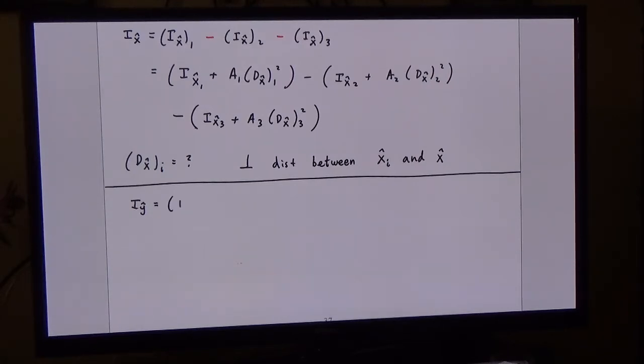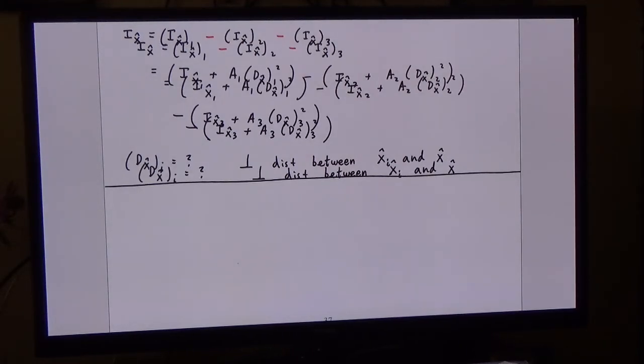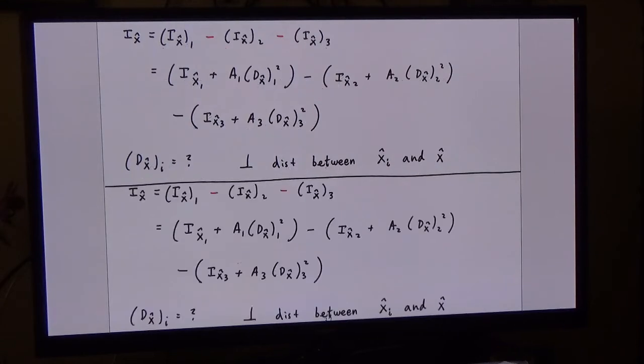For I about y hat, it's going to look very similar to this expression above, except everything's going to become y instead of x. So it may just be easiest if I copy this, and then I'll just replace everything where it says x with y.